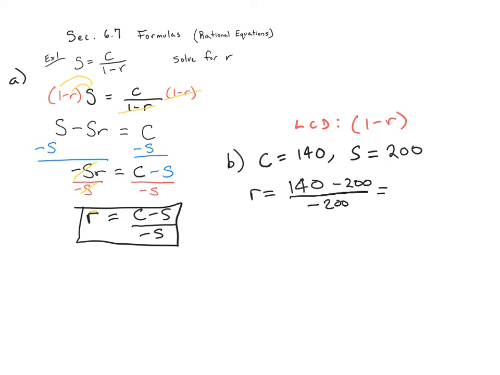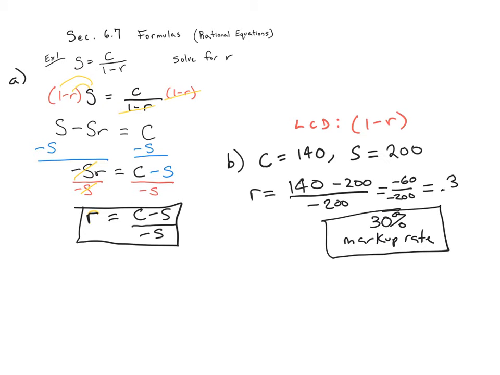In doing so, upstairs I got negative 60, downstairs I got negative 200. Let me punch that into my calculator, and that gives me 0.3. So we see our Cabrillo markup is a 30% markup rate. And that goes hand in hand with everything we said in the beginning of the semester.